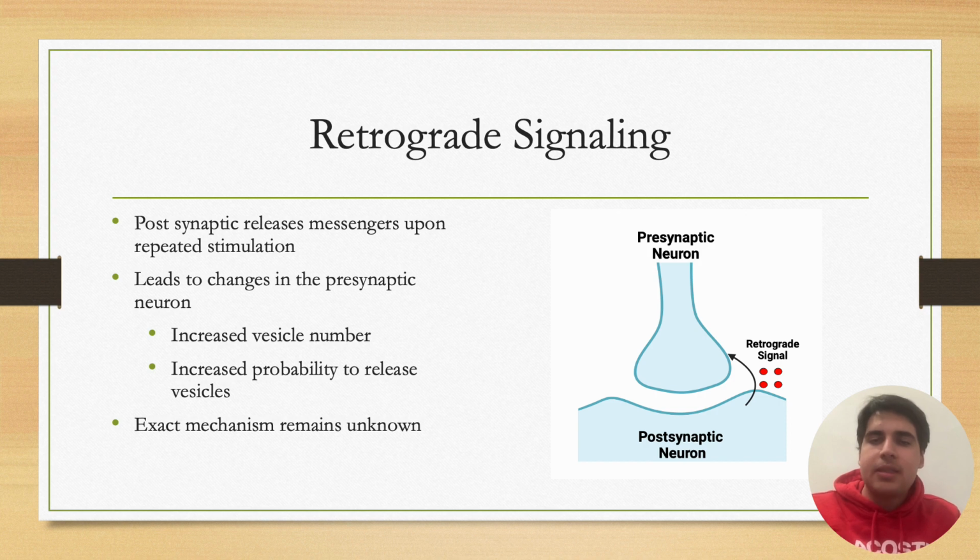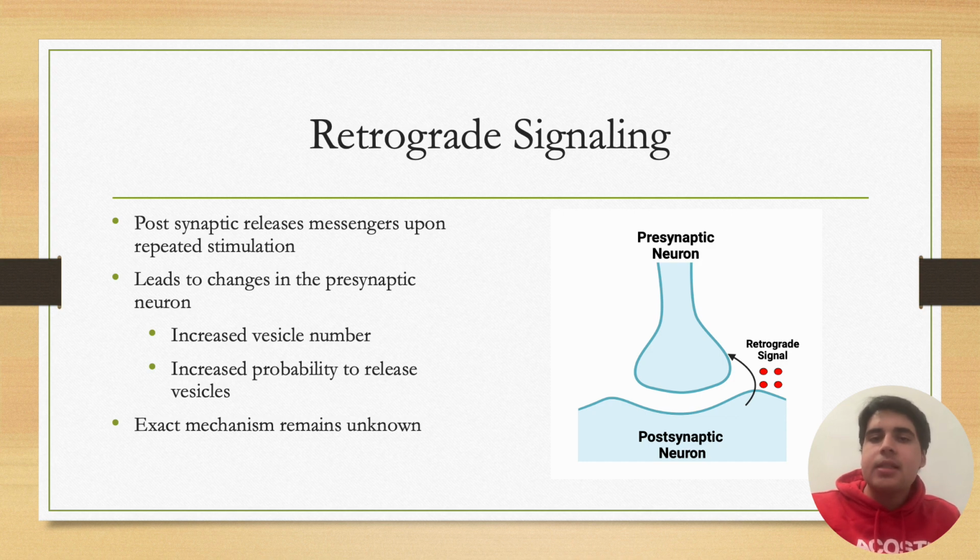You should also make some changes so next time we are even stronger. This signal that gets sent from the postsynaptic to the presynaptic neuron is called the retrograde signal because, unlike most times, it is going from the postsynaptic to the presynaptic neuron rather than from the presynaptic to the postsynaptic.